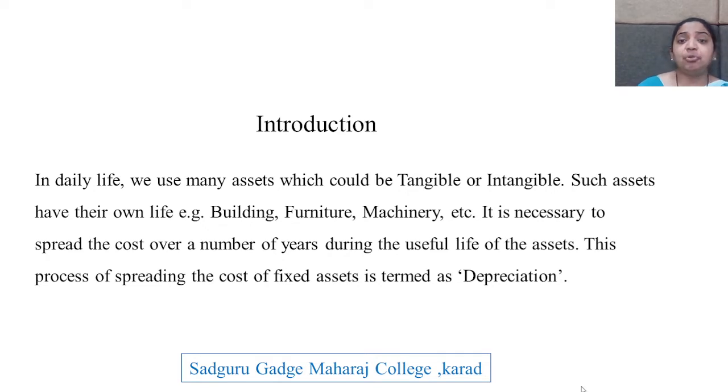So we have to know what is the useful life of an asset, and it is very necessary to spread the cost over the number of years during the useful life of an asset. This process of spreading the cost of fixed asset, which assets? Fixed assets, is termed as depreciation.